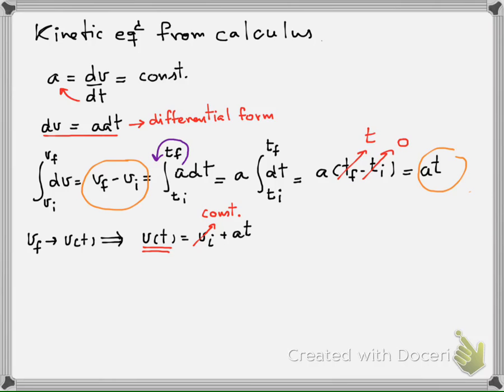Next, once we have v(t), we can continue from the definition of v(t). v(t) is equal to dx by dt, and that is equal to vi plus at.